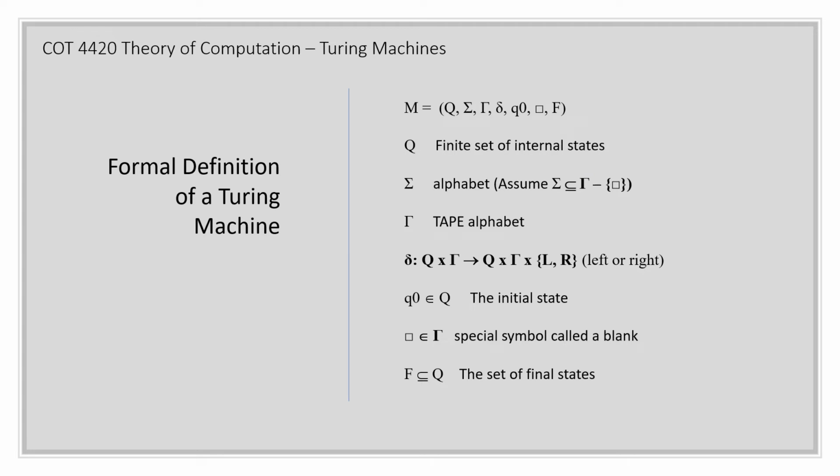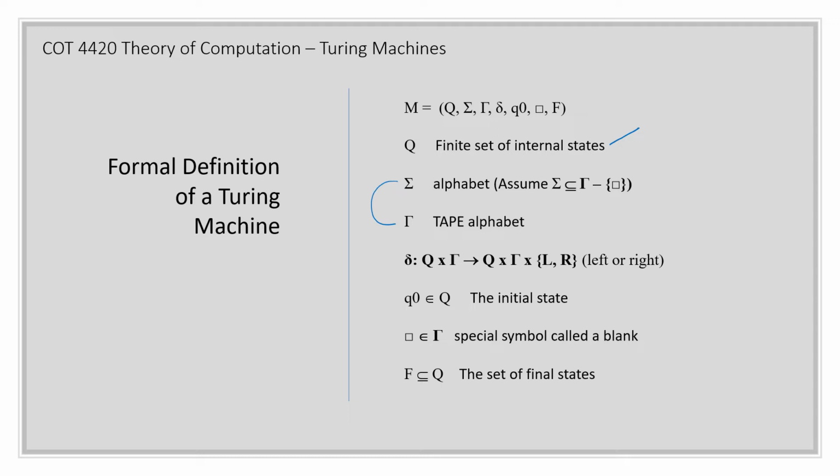So here is the formal definition of a Turing machine. It is a 7-tuple, so it's very similar to the definition of the other automata that we've studied. We have a finite set of states. We have two symbols here for the alphabet. The alphabet is a subset of the tape alphabet.